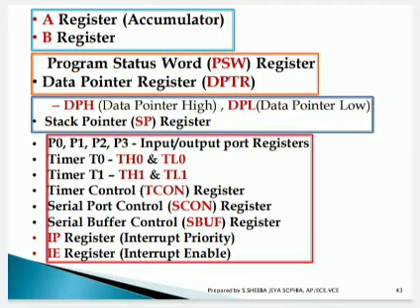Along with these are the 4 ports, port 0, port 1, port 2, port 3, the input output port registers, timers, timer 0, timer 1, the timer control register TCON, the serial port control register SCON, and the serial buffer register SBUF. Apart from this, the interrupt priority register and interrupt enable register are also special function registers.